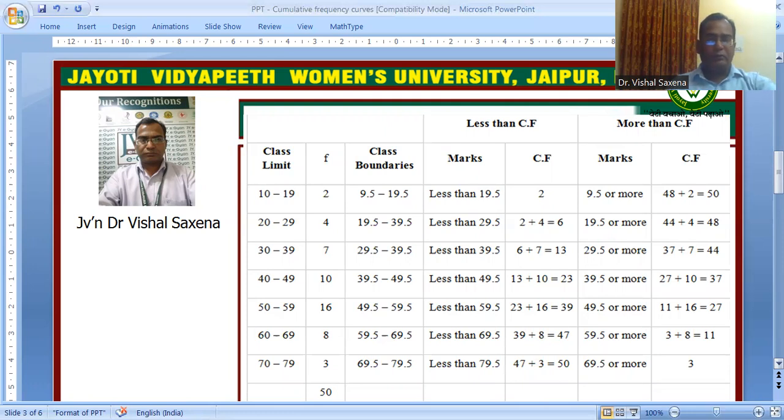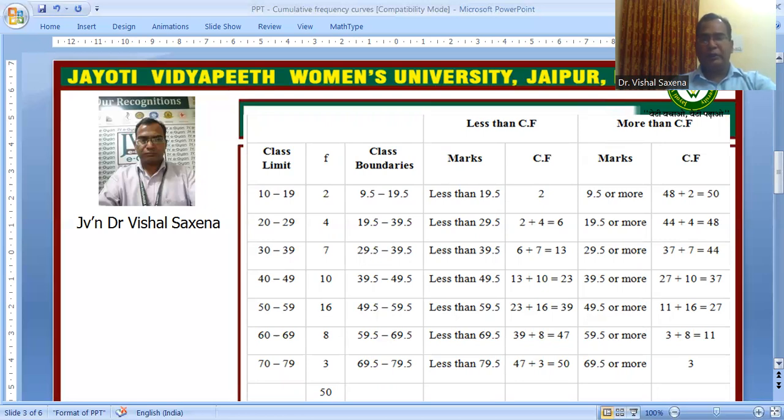Now in this question, we can observe that the limits of the successive class intervals are such that 19 is the upper limit for the class interval 10 to 19, but 19 is not the lower limit of the next class interval 20 to 29.